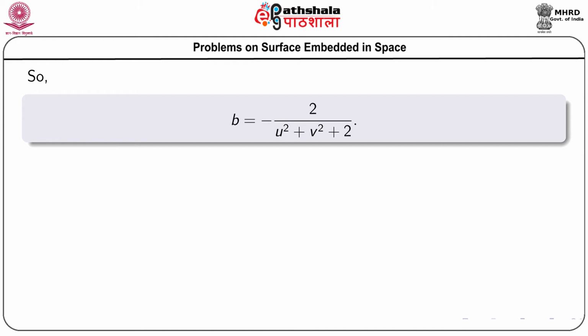One is A, that is the determinant of the coefficients of the first fundamental form, and we have also obtained the value of B, that is the determinant of the coefficients of the second fundamental form, which are obtained in this way.